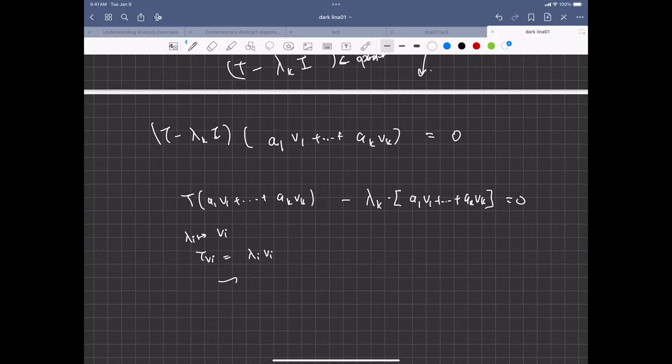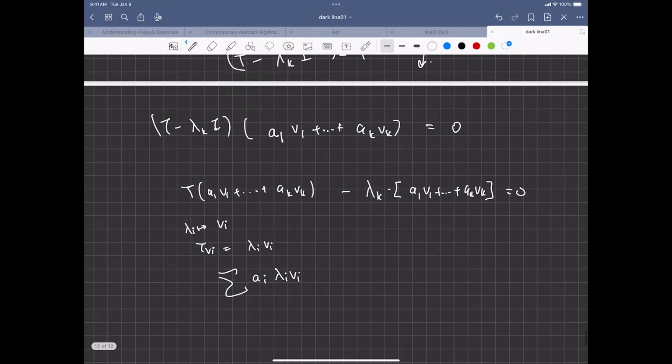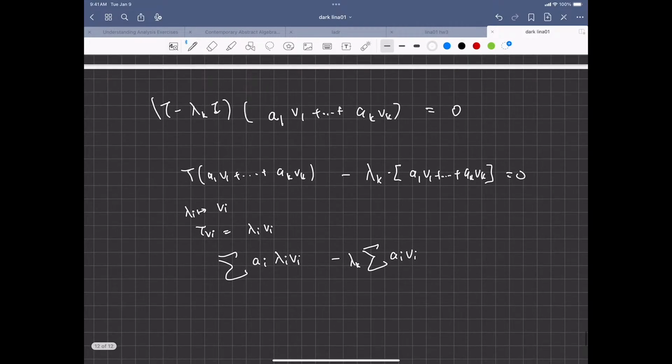So on the left side here, we just have ai vi. And here, this is 0.